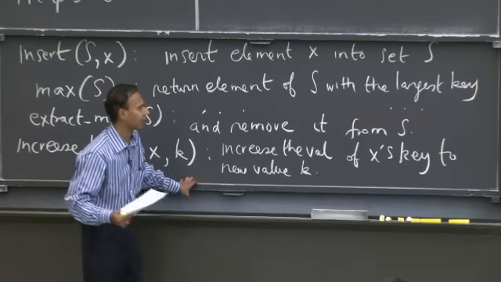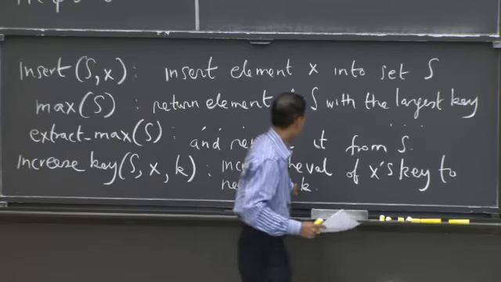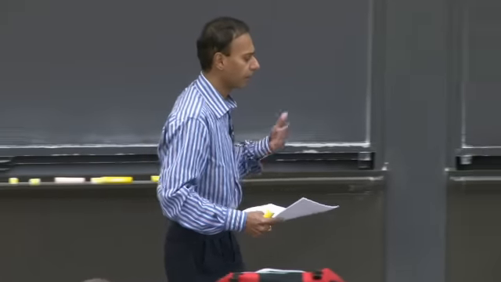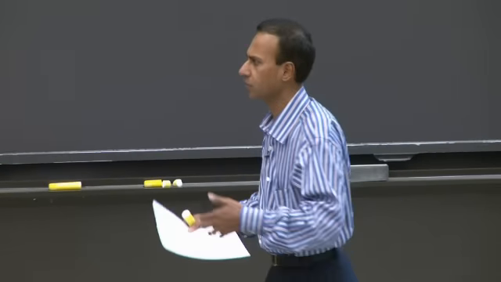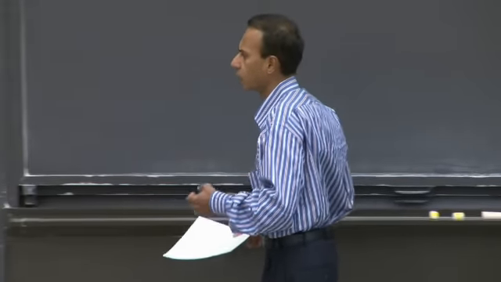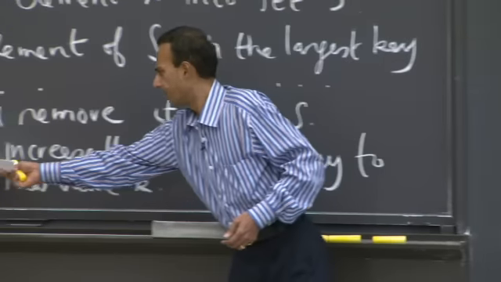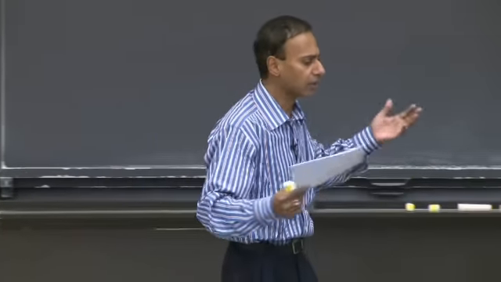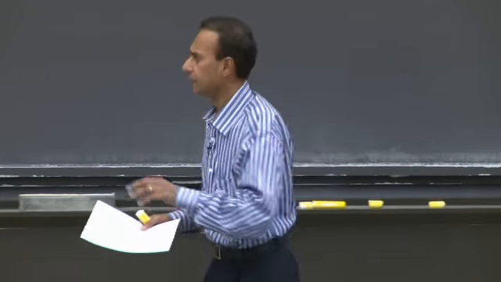Most of the time, you're increasing the value in maybe a particular application. You could have certainly a decrease key, and you'd have to know what the previous value was. And it's just a matter of exactly what operation you want to perform. You could call it update or increment, whatever you like.